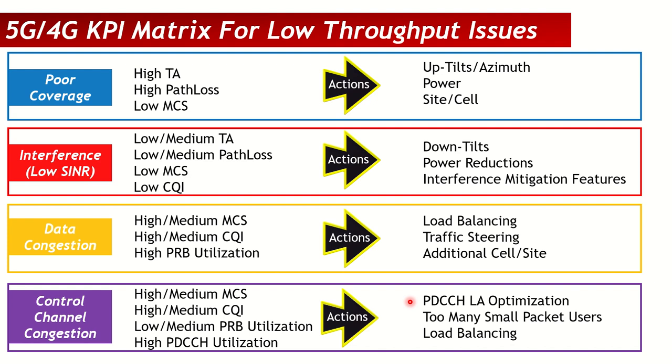Now we cannot make our PDCCH link adaptation very aggressive, because that means that the users might be unable to decode PDCCH, and in that case it will be counterproductive. So you have to tune it very slightly in a way that you can improve your PDCCH congestion.